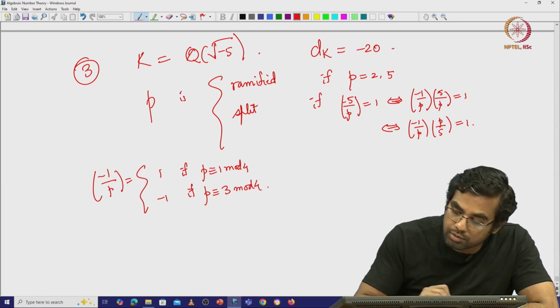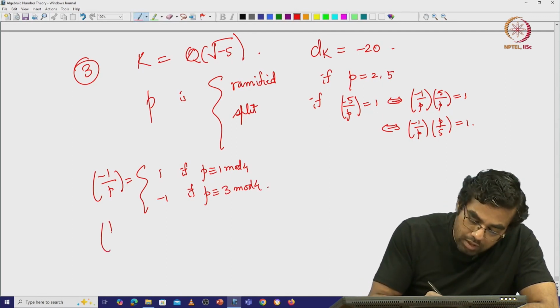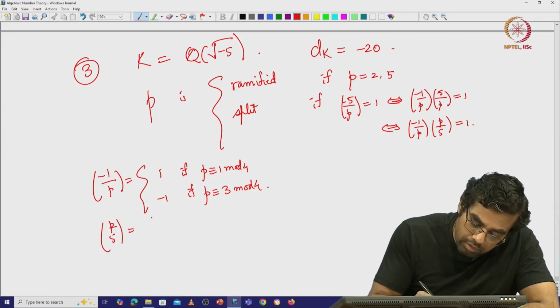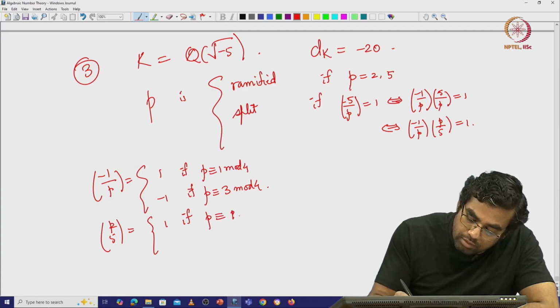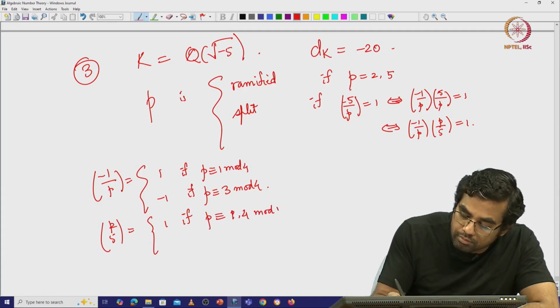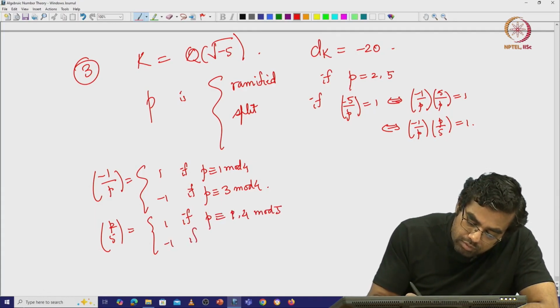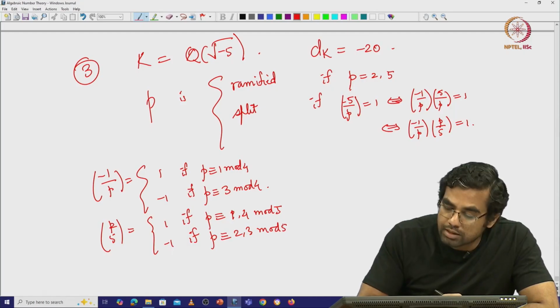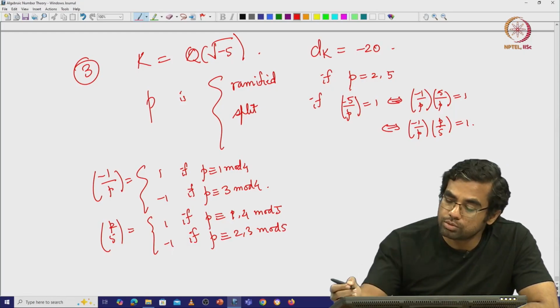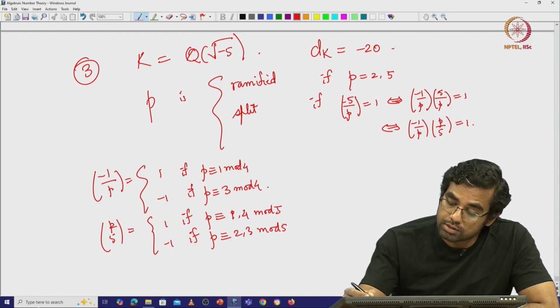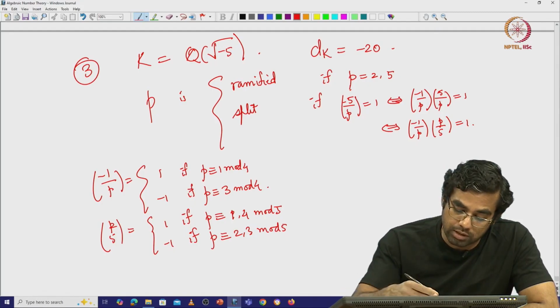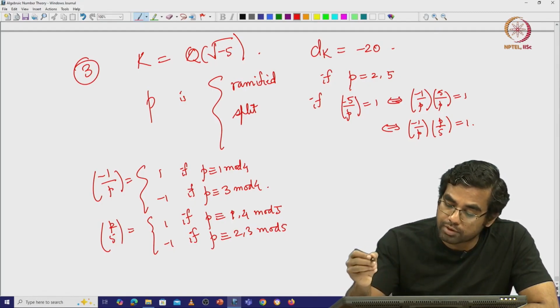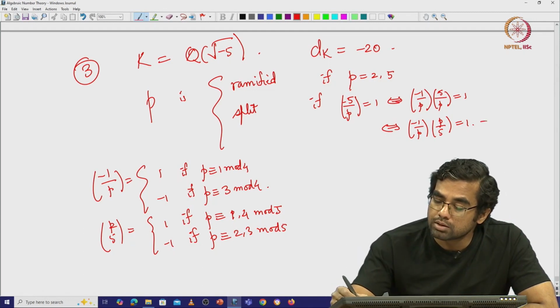And I know that (P/5) is 1 if P is congruent to 1 or 4 mod 5, and -1 if P is congruent to 2 or 3 mod 5. And so we can combine these two. If you want 1 all the time, then either both of them have to be 1 or both of them have to be -1.